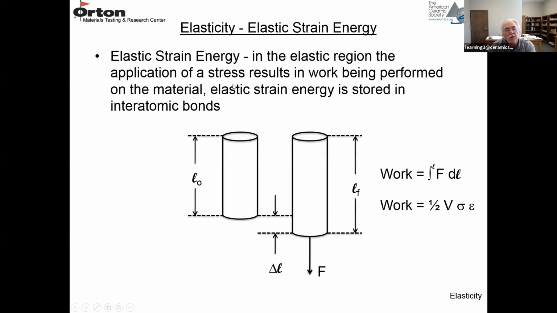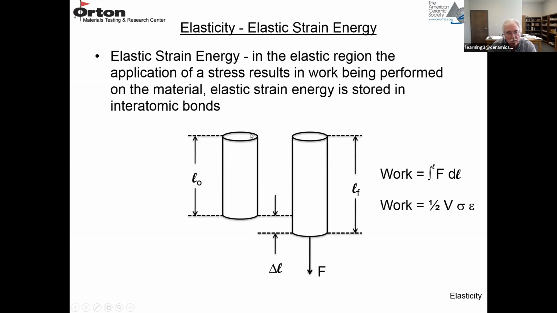So when you load a brittle material, you will have an elastic strain energy. So you have a strain energy that's stored in the sample. Elastic strain energy is the elastic region where you apply a stress that results in work being performed on the material. The elastic strain energy is essentially stored in interatomic bonds.